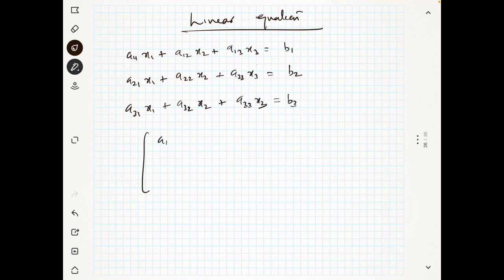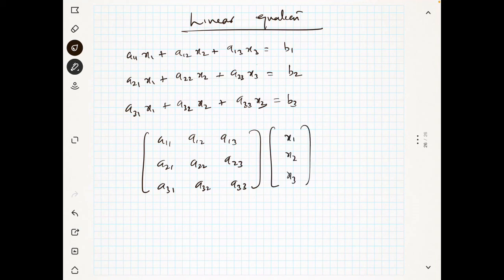So I have the matrix a11, a12, a13, a21, a22, a23, then a31, a32, a33, and we are multiplying it with x1, x2, x3. It is giving you b1, b2, and b3. Now this is the matrix A.